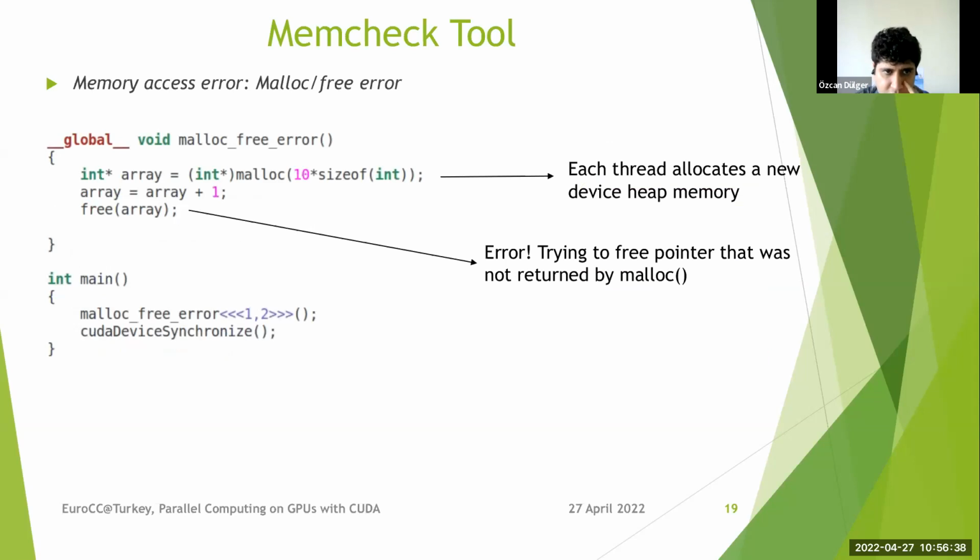Okay, another issue about malloc free error is about malloc. Again, we create device heap memory with 10 elements. We increase the address of the array by adding 1.